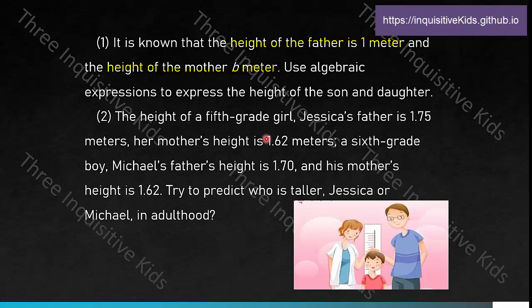Okay, then it says that the height of a 5th grade girl, Jessica's father, is 1.75 meters, and her mother's height is 1.62 meters. 6th grade boy, Michael's father's height is 1.7 meters, and his mother's height is 1.62. Try to predict who is taller, Jessica or Michael, in adulthood.